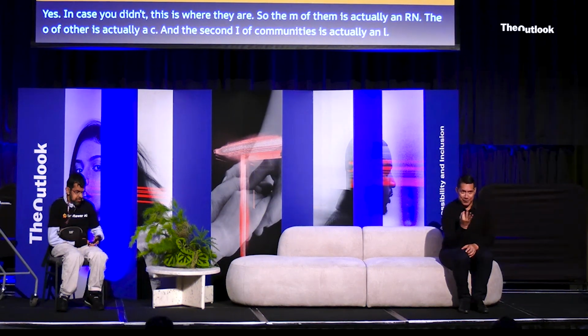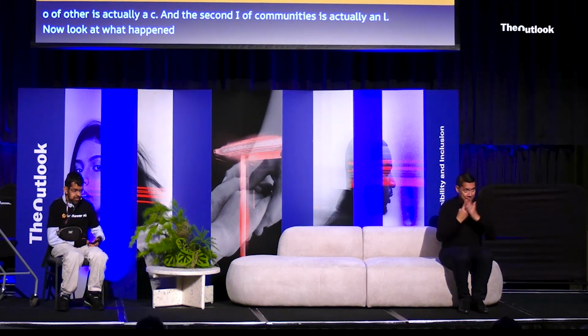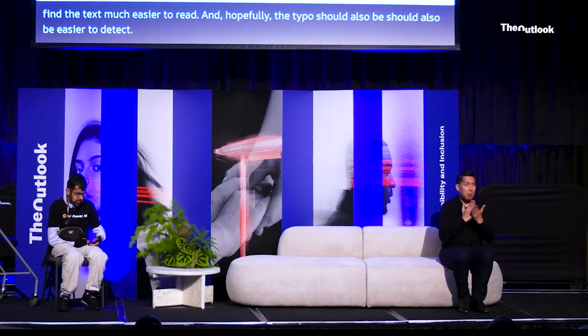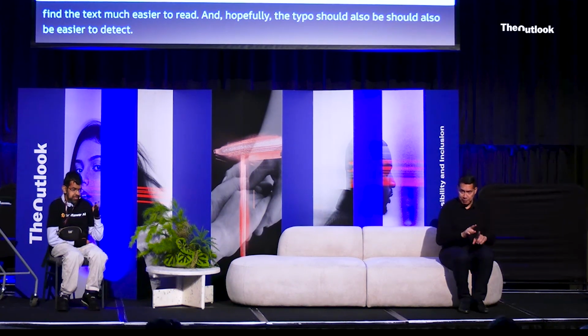Now, look at what happens if we change the typographic settings. With this font and these colors, you should find the text much easier to read, and hopefully the typos should also be easier to detect. Let's just fix the typos there.